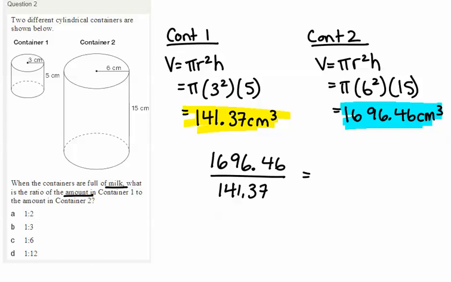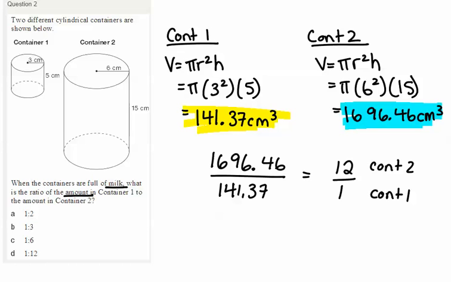So if we take that divided by 141.37, we get roughly 12. So that's like saying 12 to 1. So container 2 to container 1.